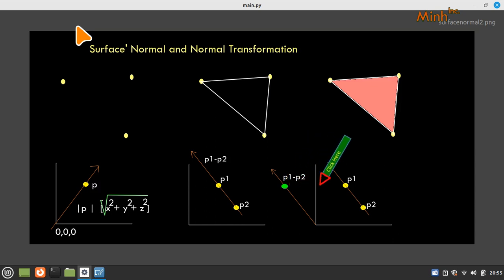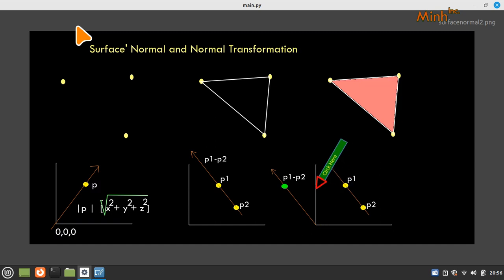If I draw a line from the origin to the net x, y, z, this is the vector. So if I have 2 points P1 and P2 and a line passes through them, the vector is actually this one, not the one we might think. The direction of the vector is from the origin.